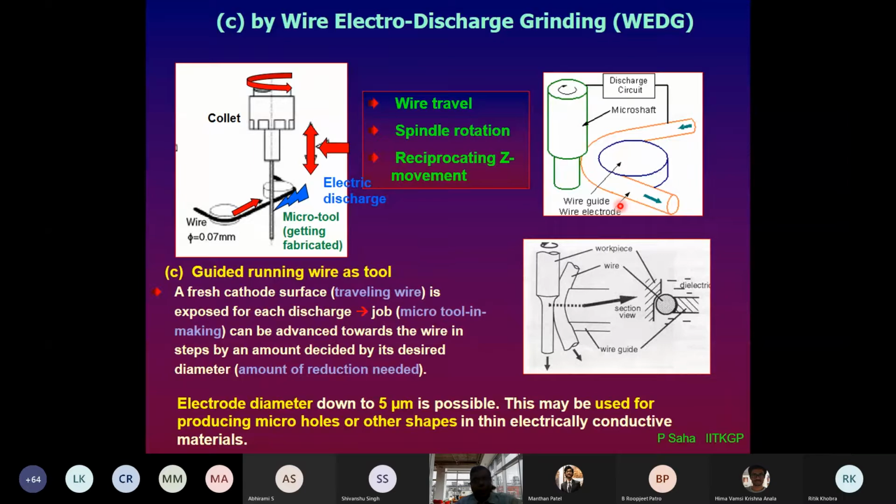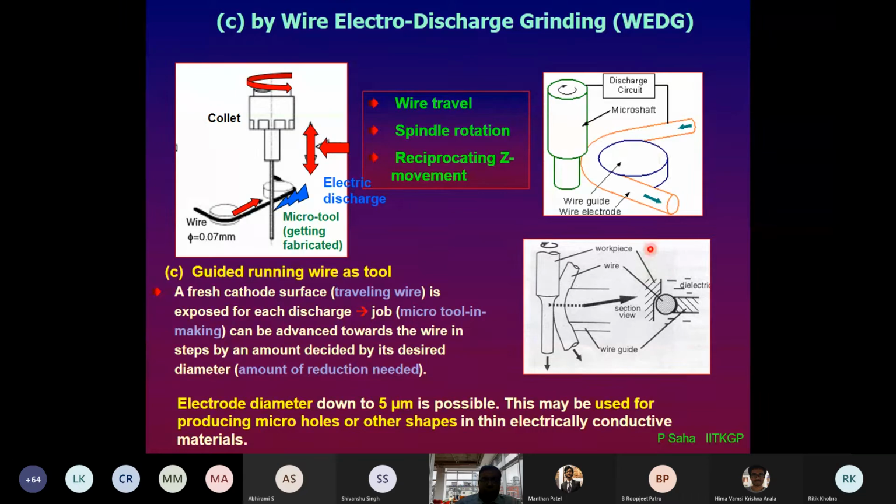Now compared to these last two methods, I will try to look for a better method for which some of these problems will not be there. So what we do is use a process called wire electric discharge grinding, or WEDG.